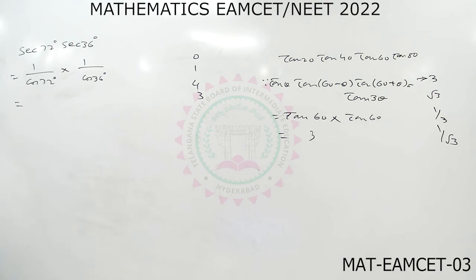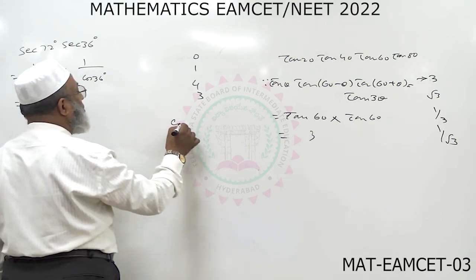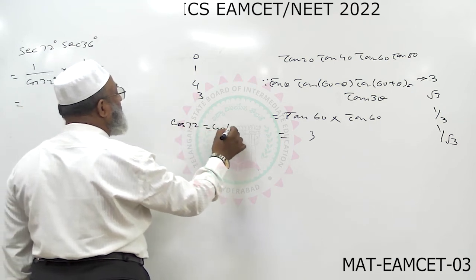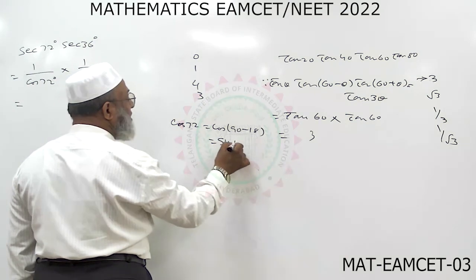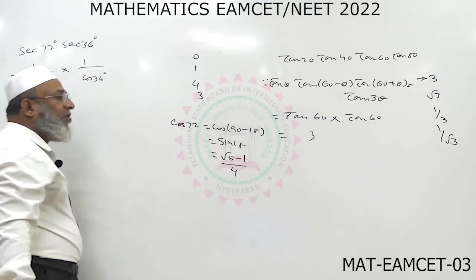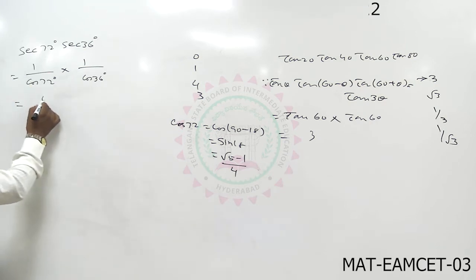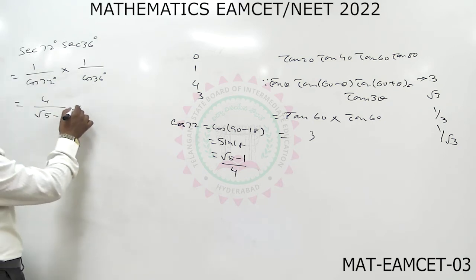We know that cos 72 is equal to cos of 90 minus 18. Cos 90 minus theta is sin 18. Sin 18 is equal to root 5 minus 1 by 4. Therefore, this is nothing but root 5 minus 1 by 4. The 4 will be inverted and goes to the numerator, into 1 by cos 36.